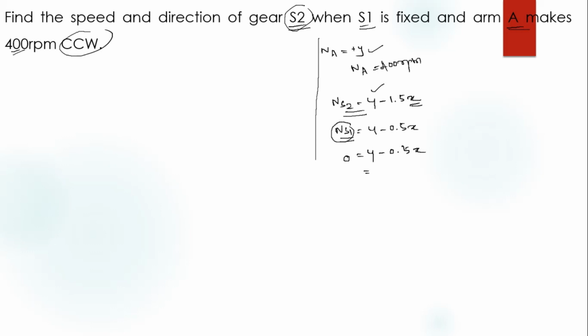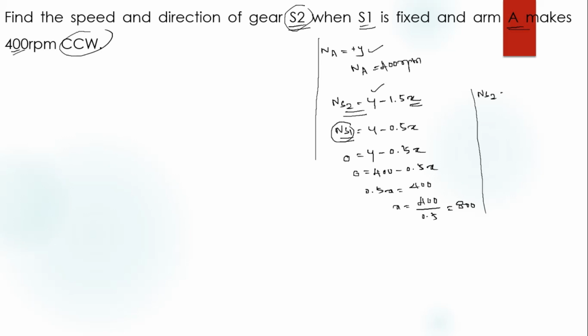So y is equal to 400, right, minus 0.5 x is equal to 0. So 0.5 x is equal to 400. So x is equal to 400 divided by 0.5, which is equal to 800, right. The x value is equal to 800. Substitute the x value in this equation.